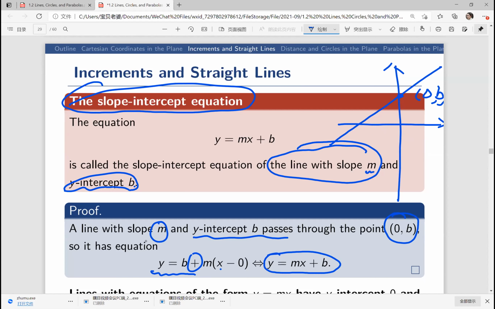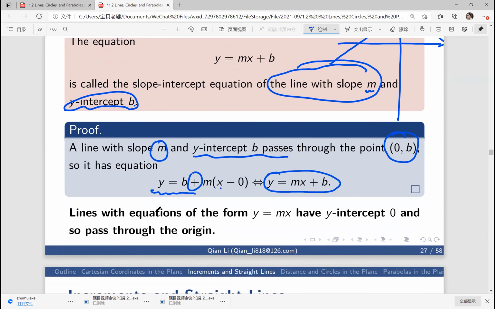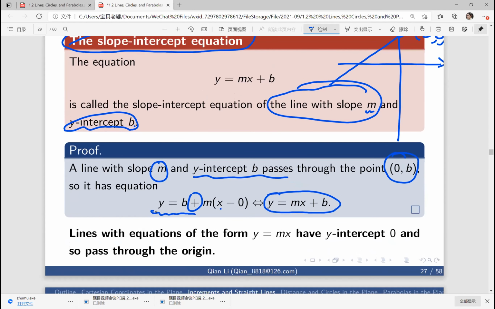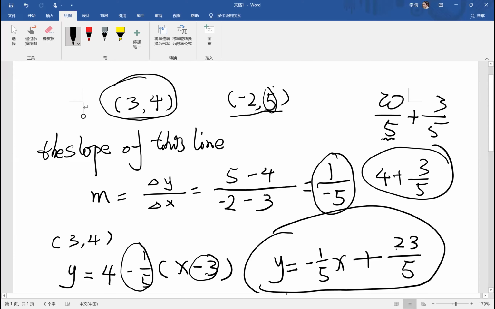So this is the slope intercept equation of a line. If the line's equation is y equals mx, then it means the y-intercept is 0, and this line will pass through the origin.